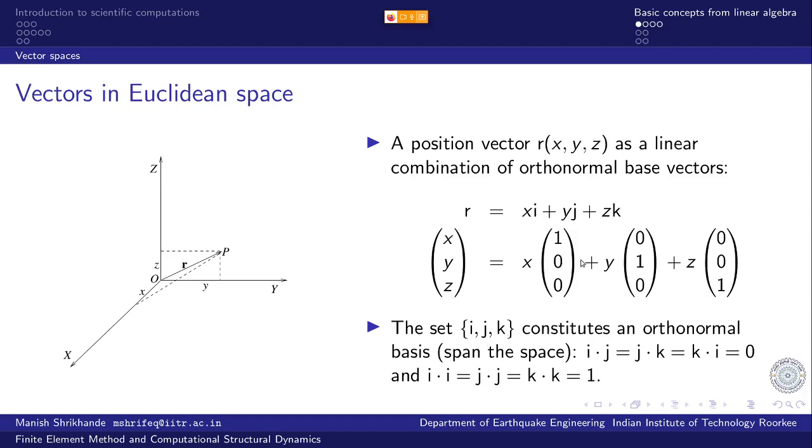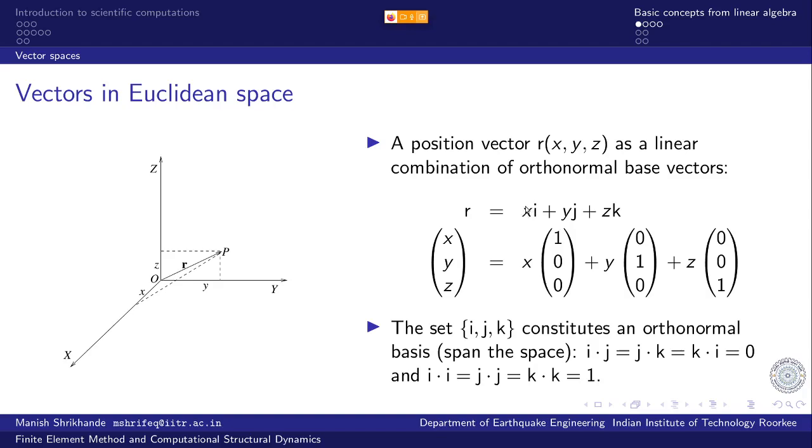And they are orthonormal. First of all, orthogonal means their mutual projection on each other is 0. This is a standard result. All of you would know that the dot product between i and j, the projection of i along j, is 0, the projection of j along k is 0, the projection of k along i is 0. That's what this dot product represents, and that's the ortho part of it. The normal part is that they are all normalized to have unit length.